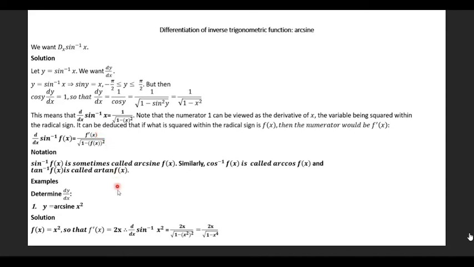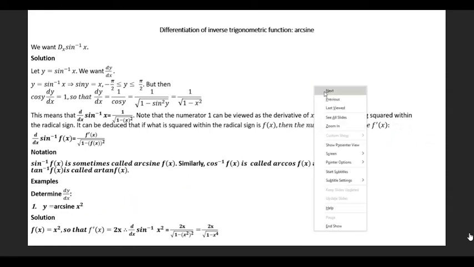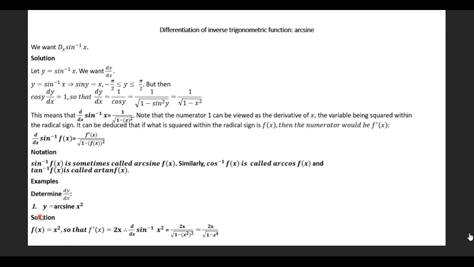So, and then we can look at some examples as to how we can evaluate the derivative. Let's take this example. If y is equal to arc sine of x squared, we know that it means in relation to this equation, our f at x is x squared.